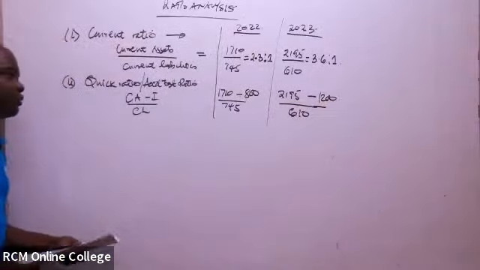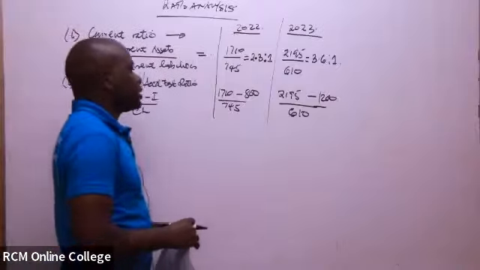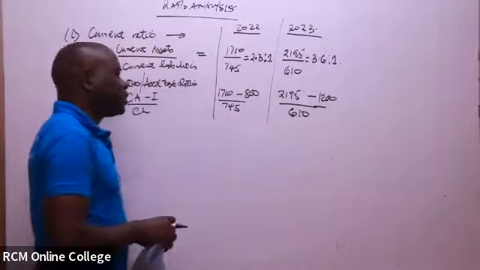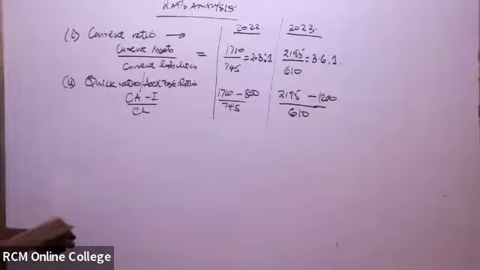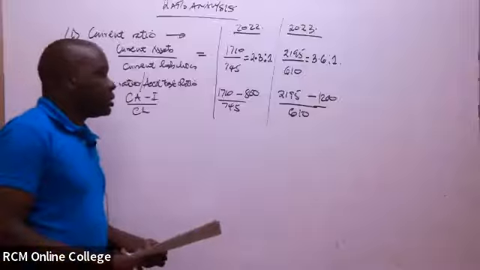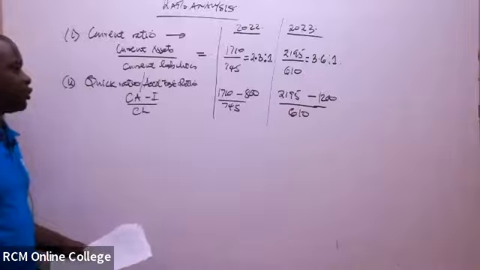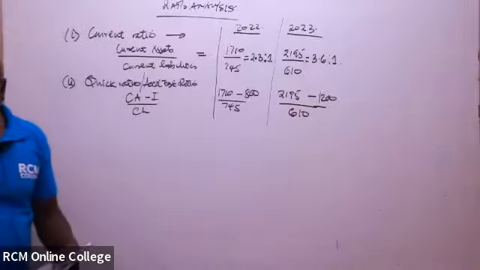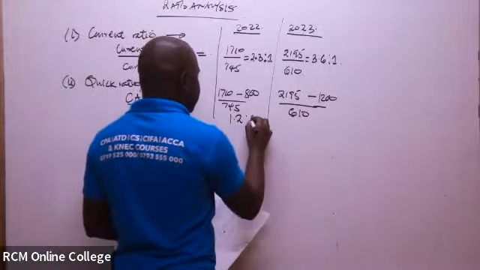So what is now the ratio? When you divide 1710 minus 800 by 745, you'll get 1 point something, 1.1 or 1.2. So for 2022, it will be 1.2 is to 1.